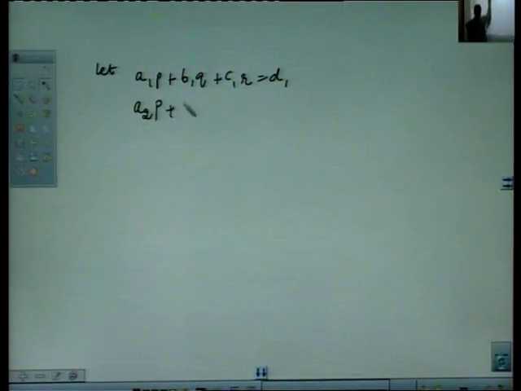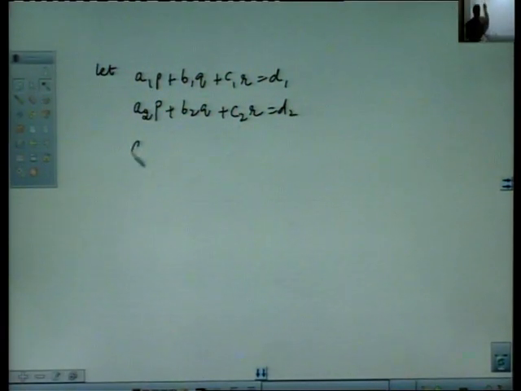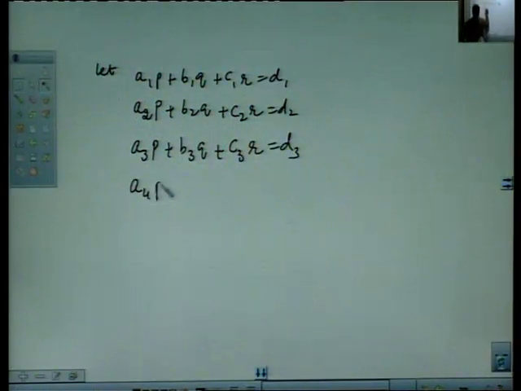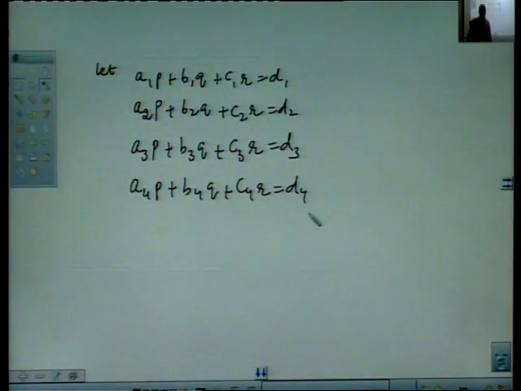Second is A2P plus B2Q plus C2R equal to D2, and third is A3P plus B3Q plus C3R equal to D3, and four is A4P plus B4Q plus C4R equal to D4.